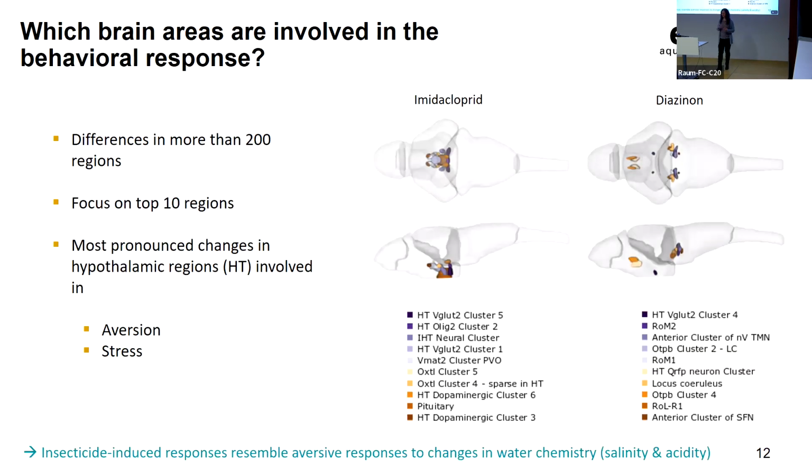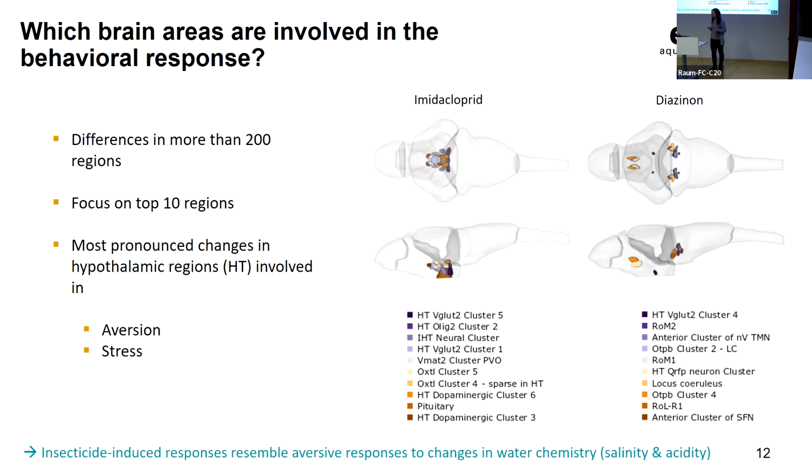And then we wanted to know which brain areas are involved in the behavioral responses, and we did the pERK/tERK staining. We found that about 200 brain regions were differentially active in these insecticide-exposed larvae, and therefore we focused on the top 10 regions.